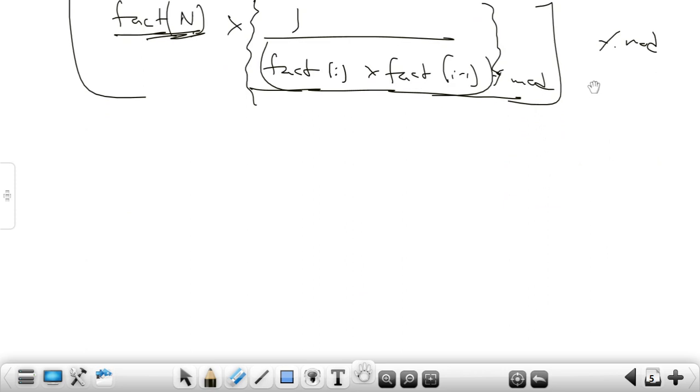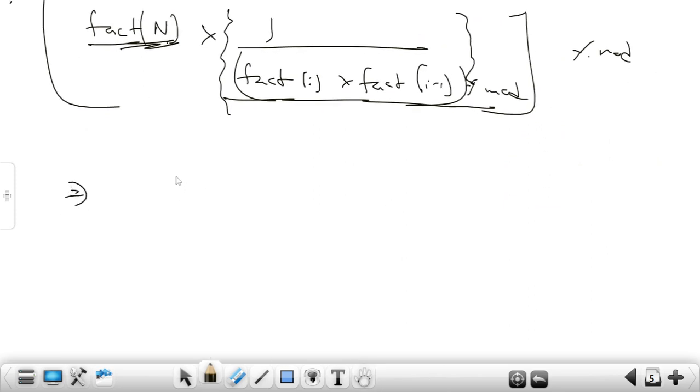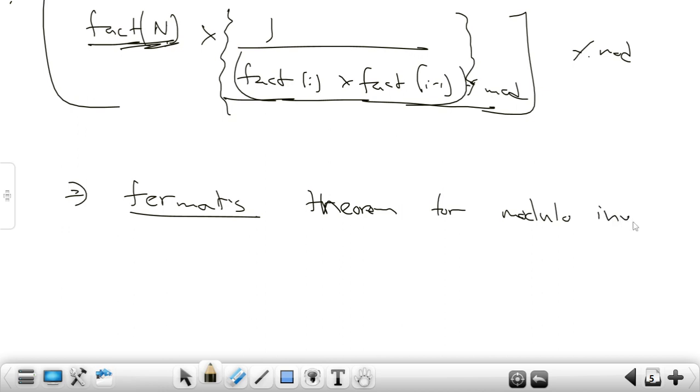Let me mention Fermat's theorem. Fermat's theorem is going to play a very important role in calculating the modulo inverse.